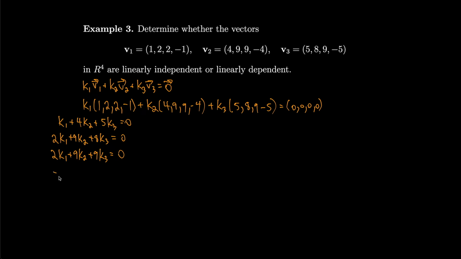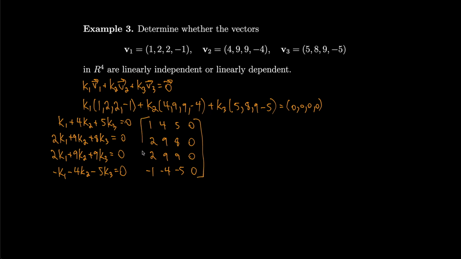And last but not least, we get minus k1 minus 4k2 minus 5k3 equals 0. So just taking the coefficients, making our matrix, we get 1, 4, 5, 0; 2, 9, 8, 0; 2, 9, 9, 0; and minus 1, minus 4, minus 5, 0.